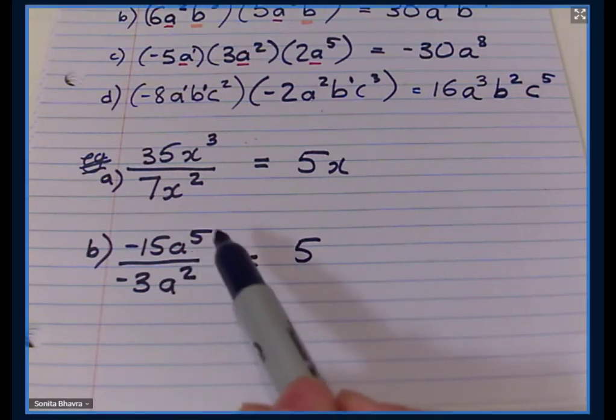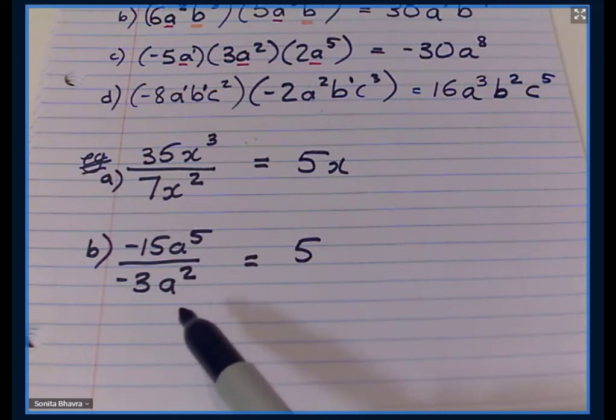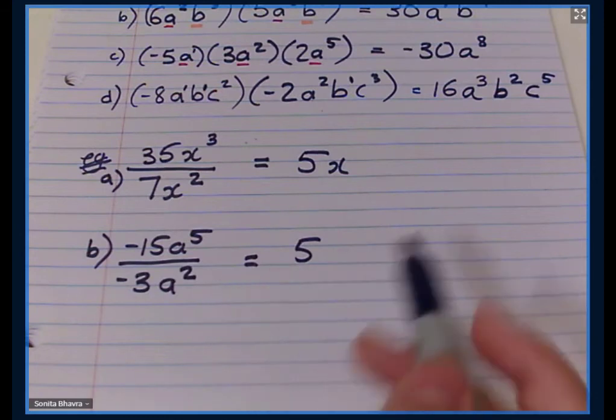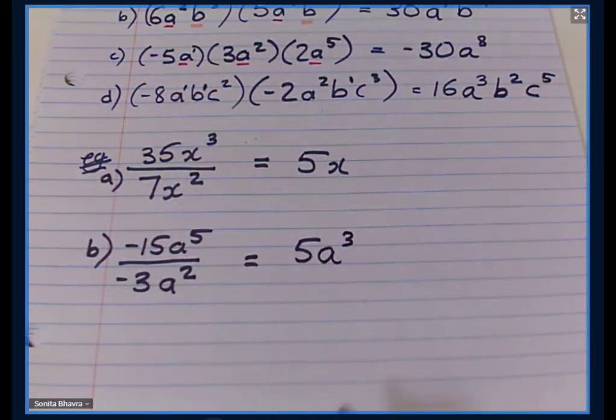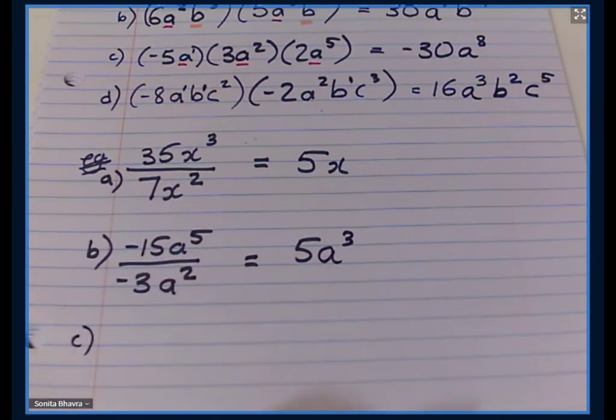And then we have a to the power of 5 and a to the power of 2. Same base, they're being divided. So our exponent laws say we can subtract our exponents. So 5 minus 2 is 3. So 5a to the power of 3. And we have two more to look at.